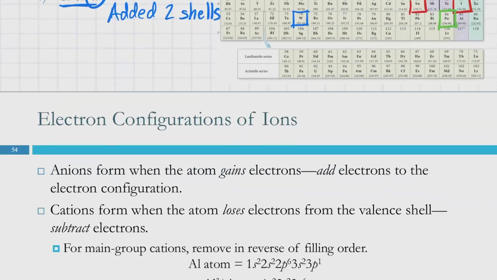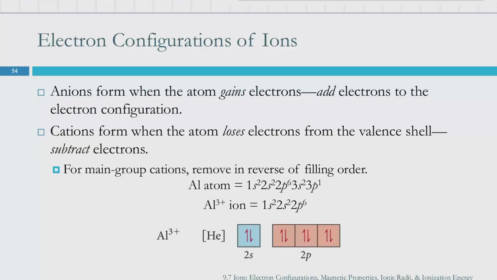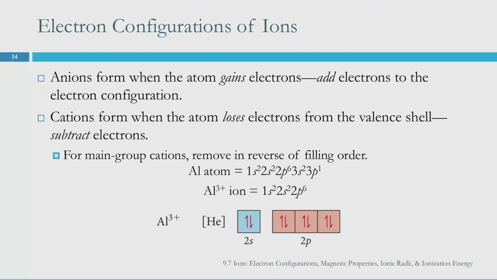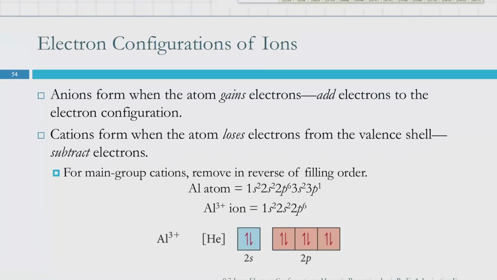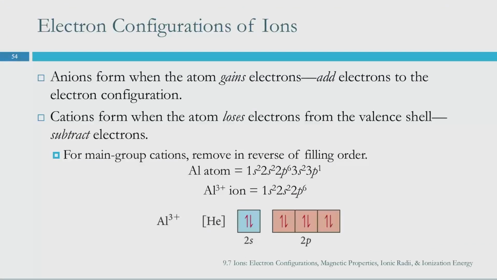We also have electron configurations for ions, something that you probably didn't cover in your Chem 20. So as a reminder, we've got anions and cations. Cations, cats have paws, cations are positive.